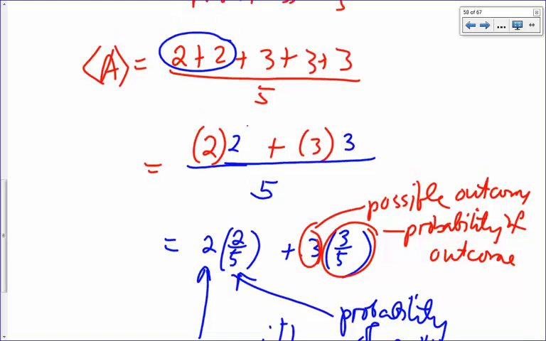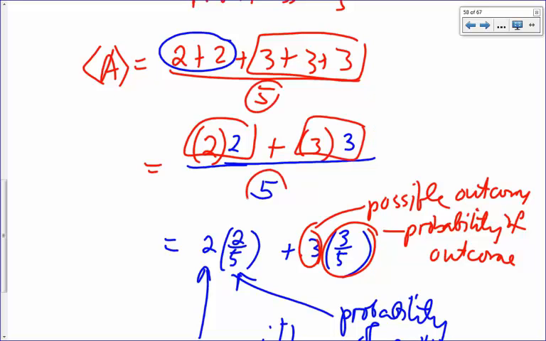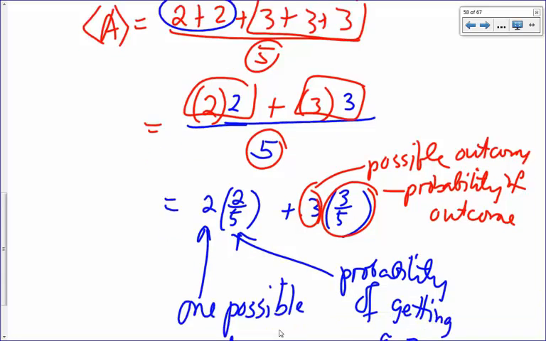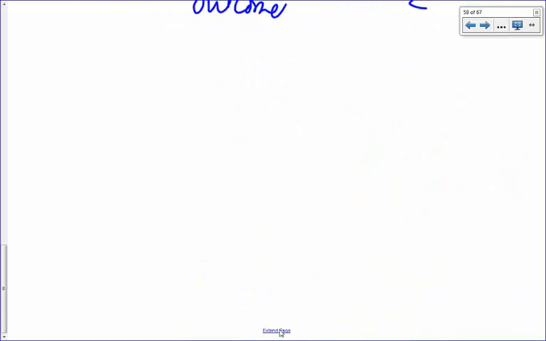The first line and the second line? This is 2 times 2, and that's 3 times 3, and the denominator is 5. Okay, I guess those 2s and 3s are confusing.